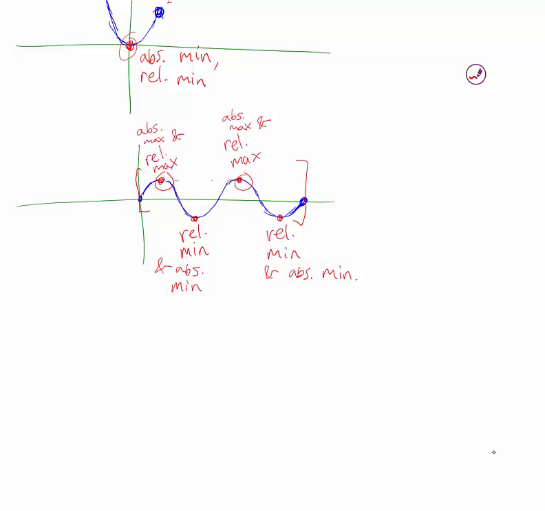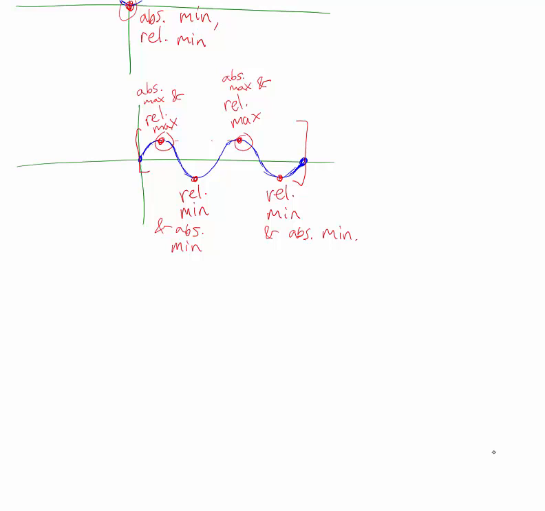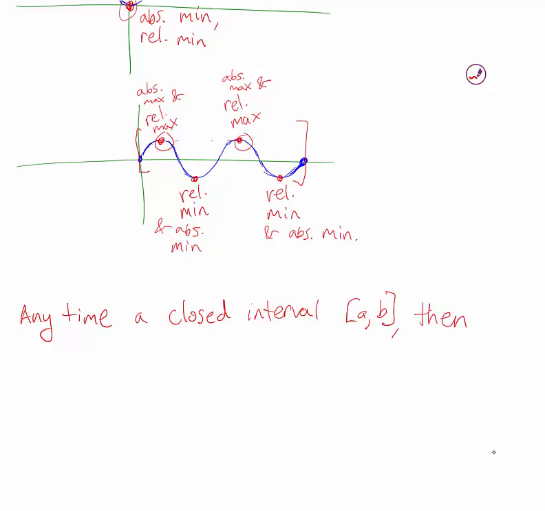So with that, there's a theorem, and it's very obvious, but the theorem just says anytime we have a closed interval, some section of a graph from A to B, then F will always have an absolute maximum and an absolute minimum.